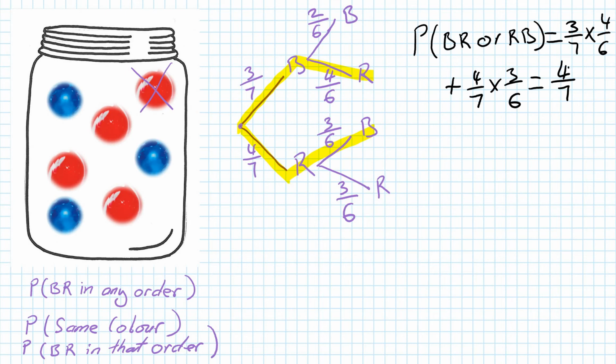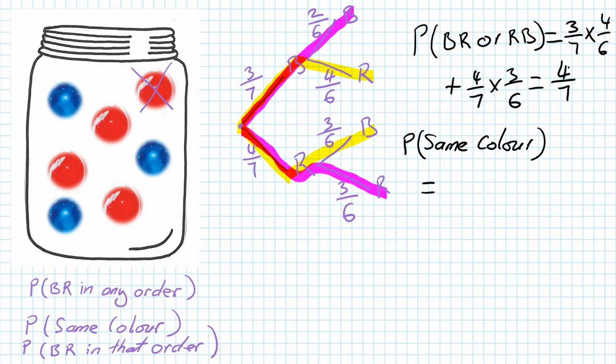Now the next one: the probability of getting the same color, so both of them have the same color. Same color is blue blue or red red.